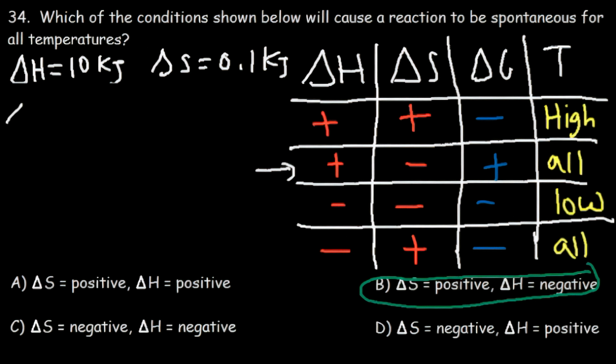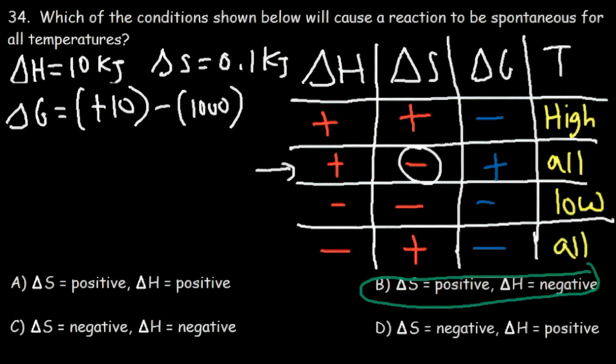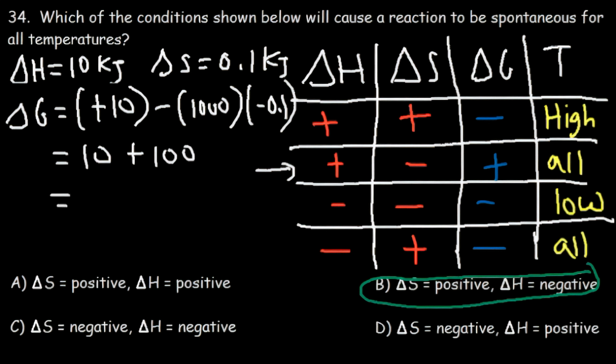So using the same equation, delta H is still positive 10 minus, let's try a high temperature, so let's plug in 1,000, and delta S is negative, so we're going to plug in negative 0.1. So 1,000 times 0.1 is 100, but because we have two negative signs, it's going to be plus 100. So we get positive 110. So we can see delta G is positive at high temperatures.